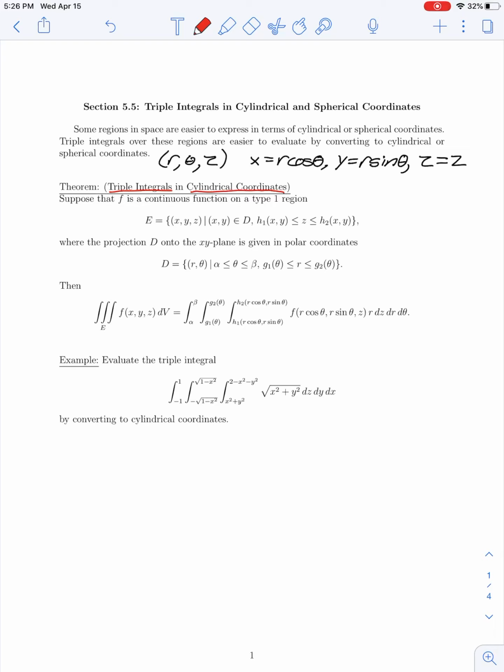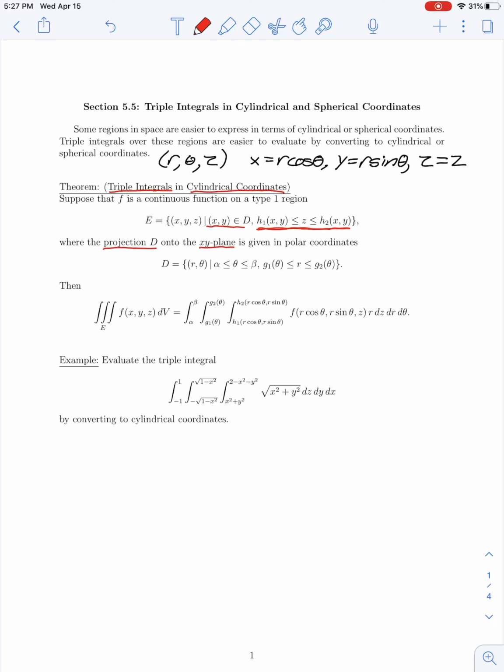If we have a function f, which is continuous over a type 1 region, E, which could be described as the set of all points x, y, z in space, and if this is a type 1 region, that means we're thinking about this in terms of being bounded above and below in the z direction by two functions h1 and h2 of x and y. So it's bounded above and below by the graphs of two surfaces, where x, y lies in some plane region D, where D is the projection of our solid region onto the xy plane.